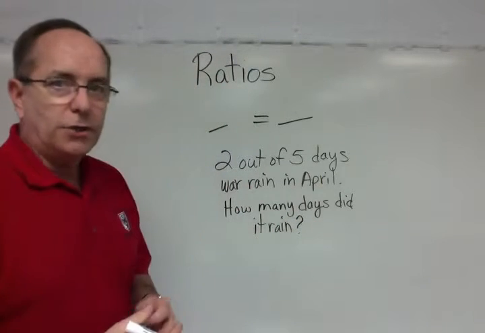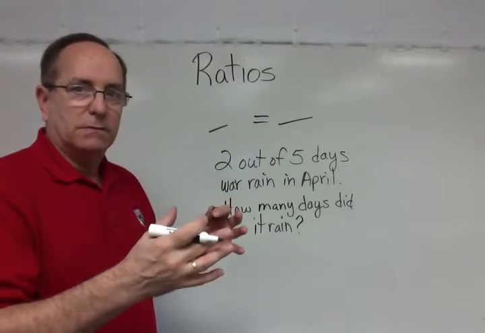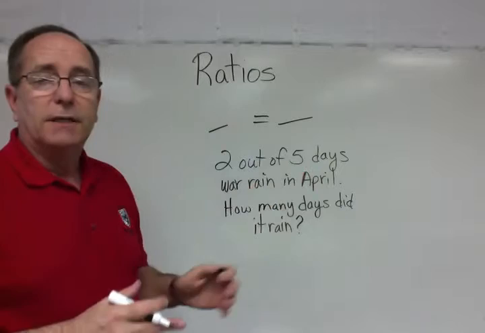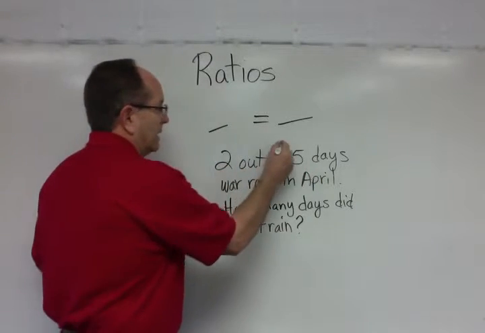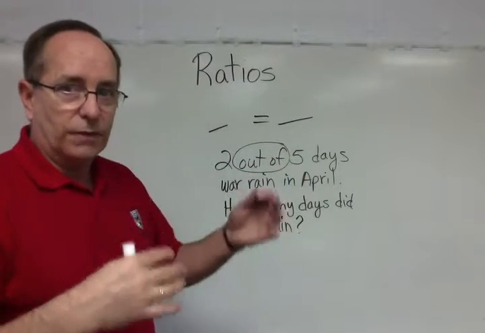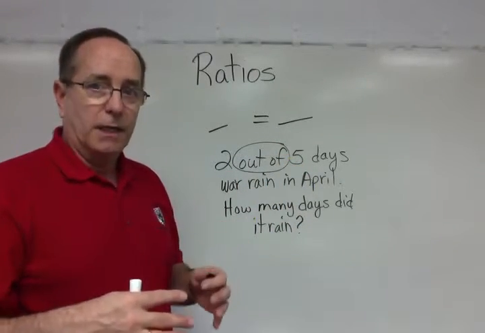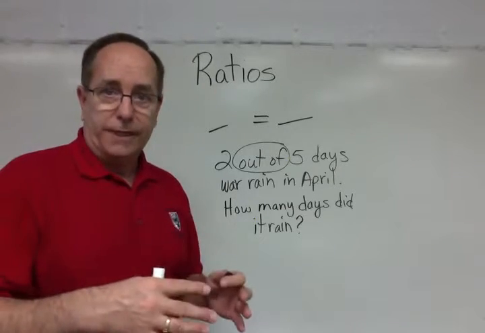Well, we have a ratio going here, but it's sort of like a rate because we have totals going on. But it's still a ratio because I'm comparing 2 out of a total of 5 days as the ratio of that month of April it rained. So how many days didn't it rain in those 5 days would be 3.